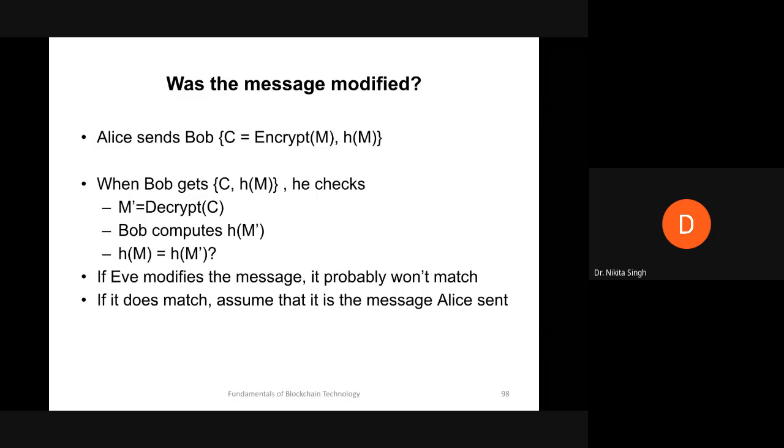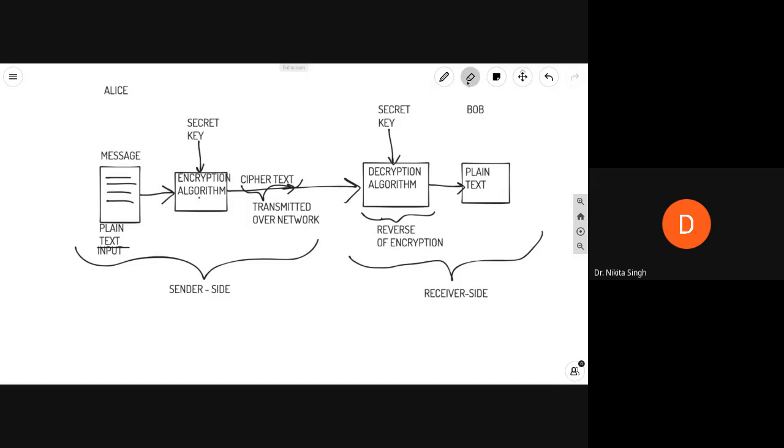So I've been talking about hash algorithms. So let us see this with the help of an example. Now we have Alice, and here we have Bob.